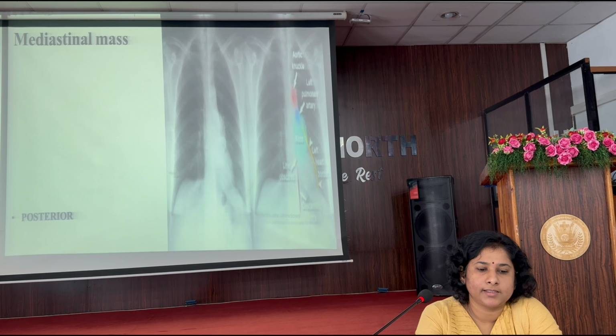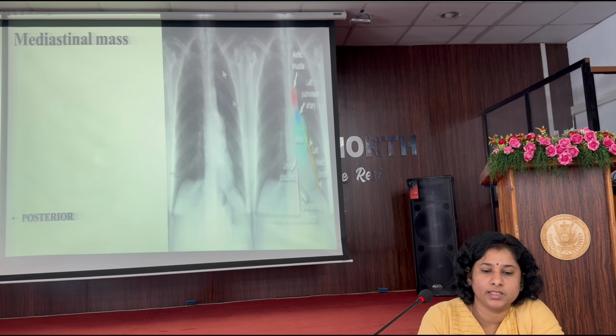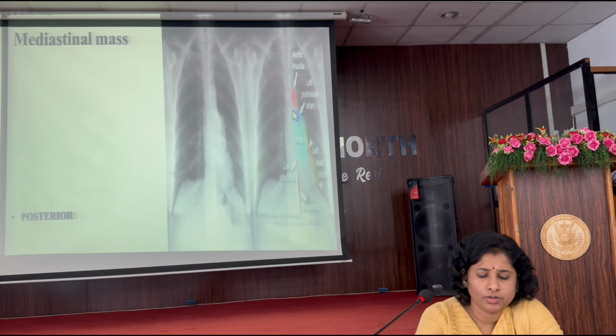Posterior mediastinal mass, as I mentioned earlier, can be along the esophagus or the vertebra. So the lung hila will be seen clearly, but it can extend to the cervicothoracic region if it is in the upper lobe. Otherwise, we have to go for a lateral X-ray to diagnose.